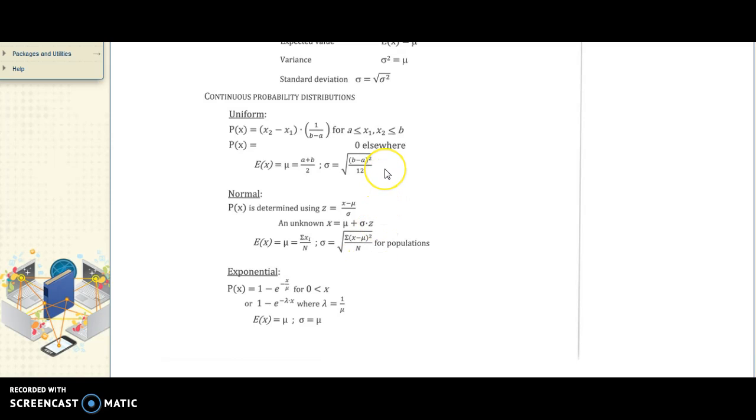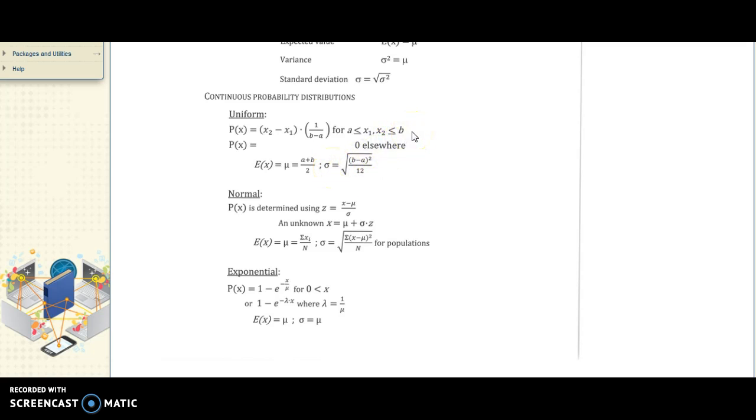But let me get to the uniform, because this is relatively new, and I didn't get this out of the book. I made this up pretty much myself. The expected value or mean is right there, a plus b over 2, and the standard deviation is the square root of b minus a squared over 12.